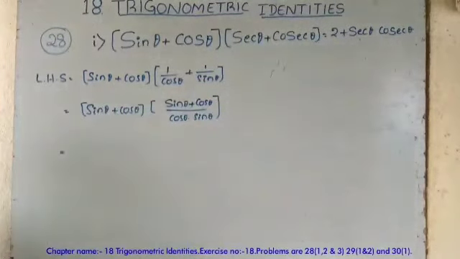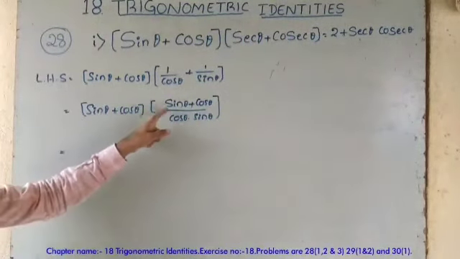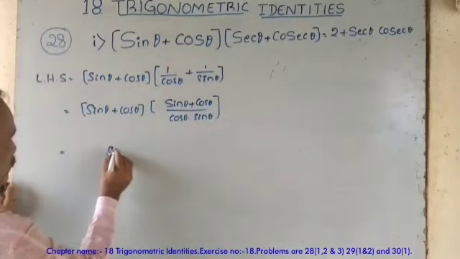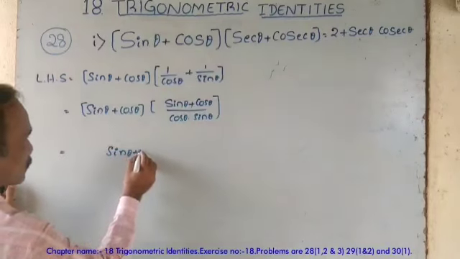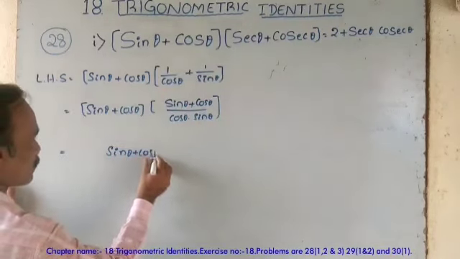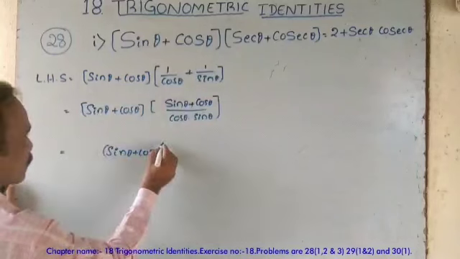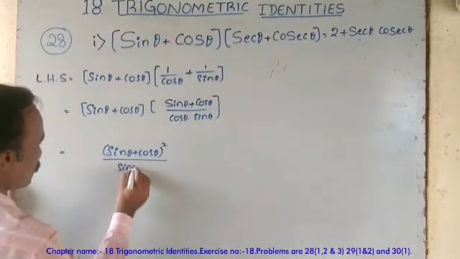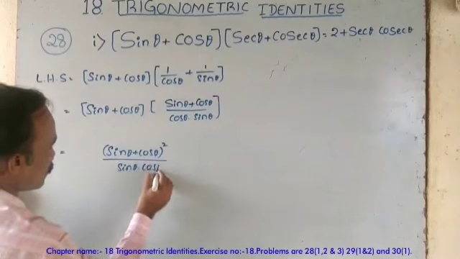Next, this is equal to (sin theta plus cos theta) into (sin theta plus cos theta), which can be written as the product of these two, so (sin theta plus cos theta) whole square divided by sin theta into cos theta.